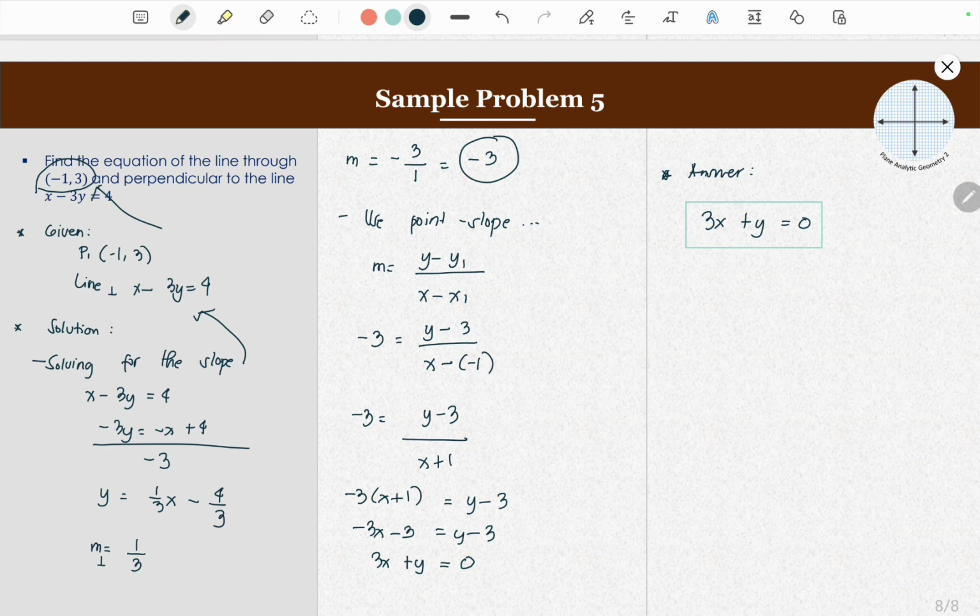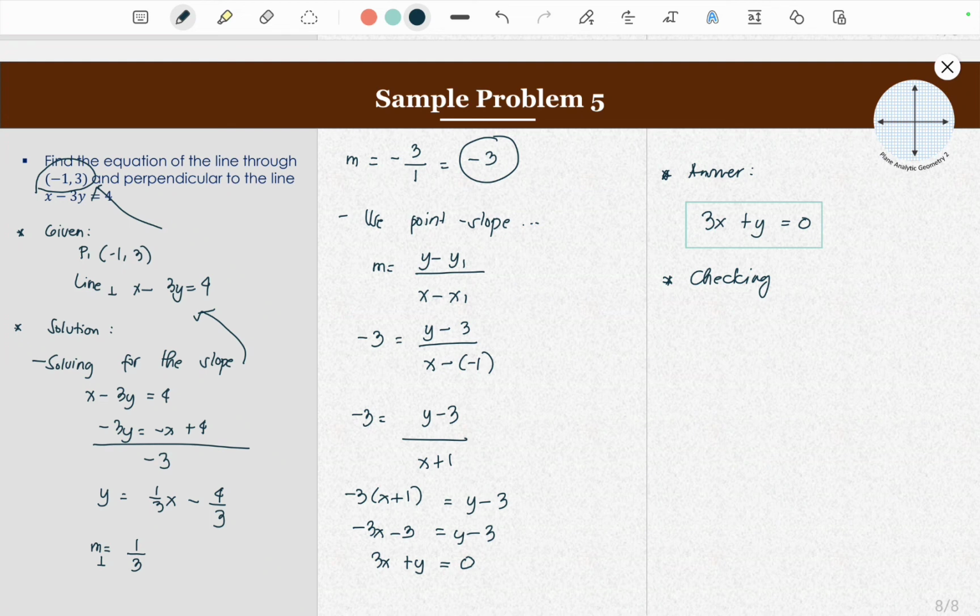First, let us try to substitute (-1, 3). This is optional. You don't need to show how you check your answer during your assignments or quizzes. You can just do it in your scratch papers, or you can also do it in your final output. It's okay if you have checking or not.